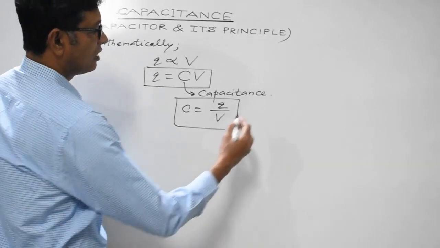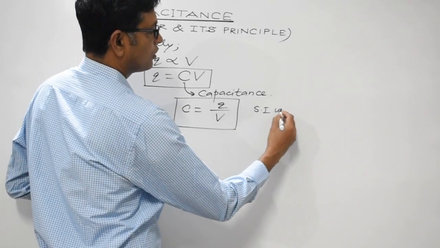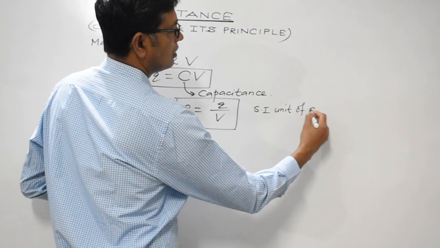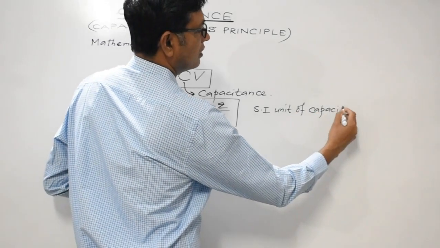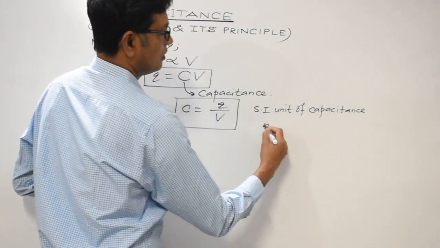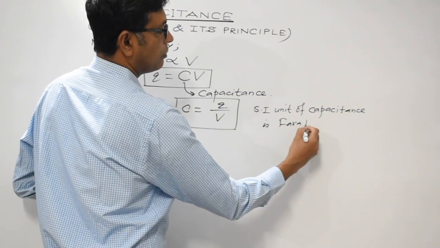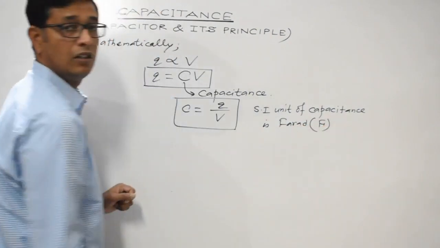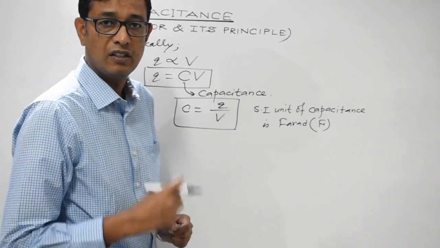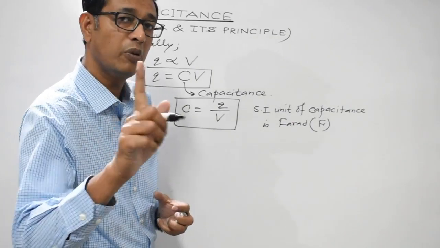Now its SI unit of capacitance is farad. It is denoted by capital letter F. So let's define farad. When the capacitance of a body is said to be 1 farad.